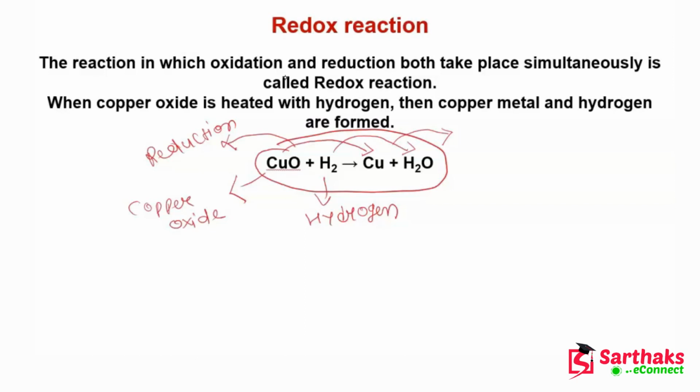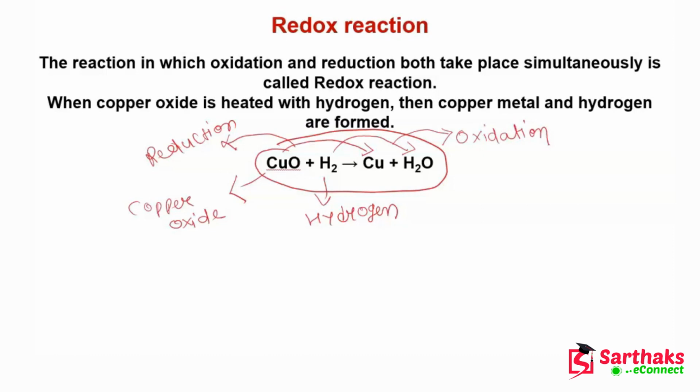So that's why we will also say that hydrogen is getting oxidized, because oxygen is being added into the hydrogen. So that's why there is an oxidation as well. I hope guys this thing is clear to you.